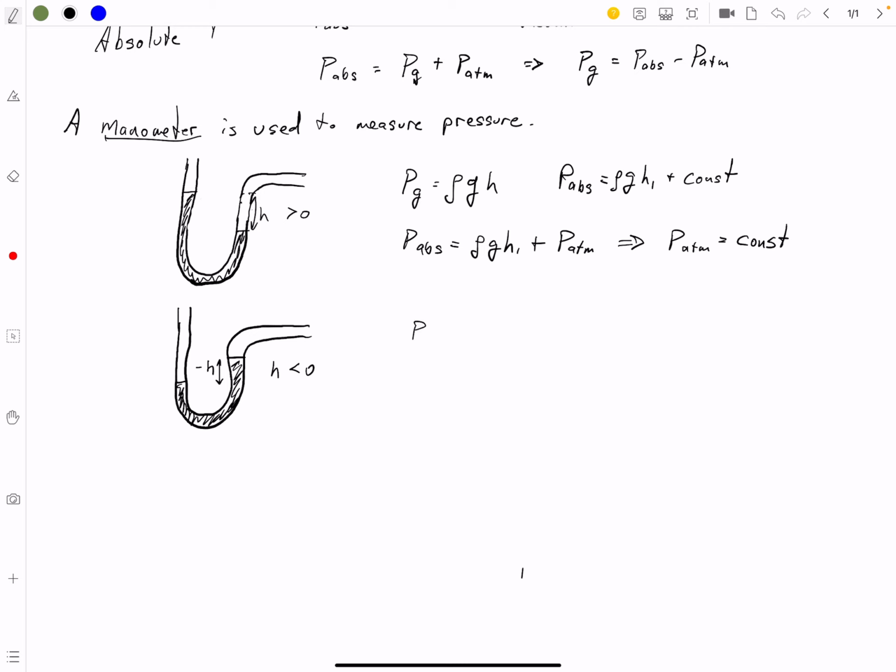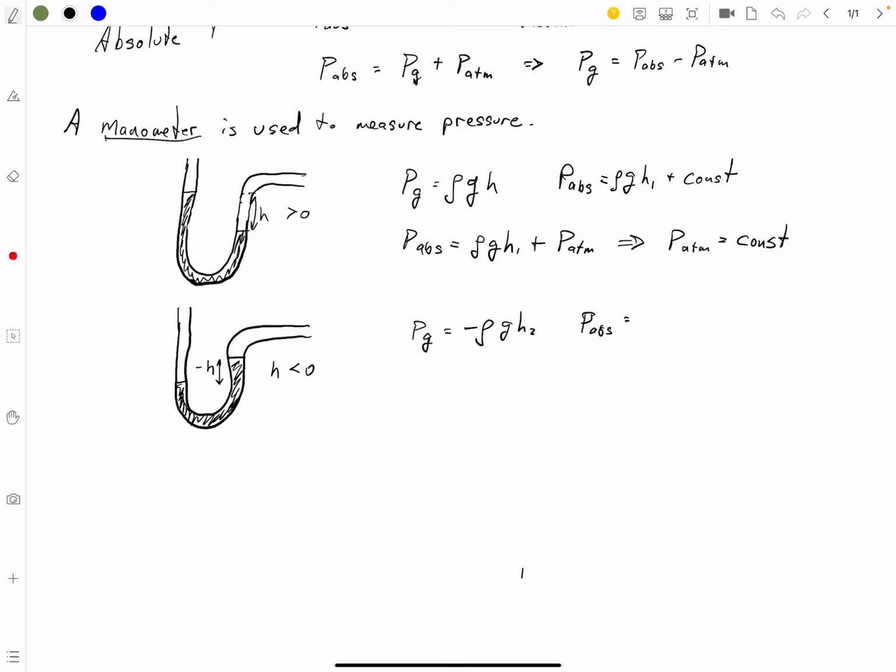And we can do the same old thing, minus rho G H2. And that's pressure gauge. And then our P absolute is equal to our pressure gauge, which would be minus rho.